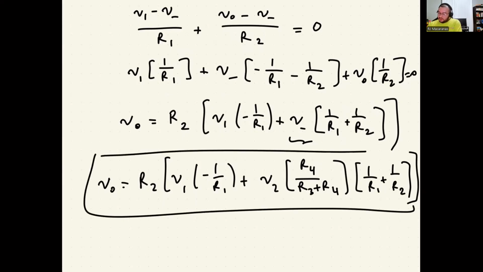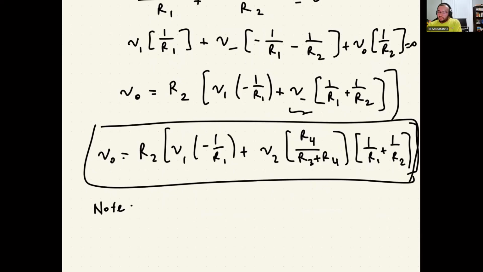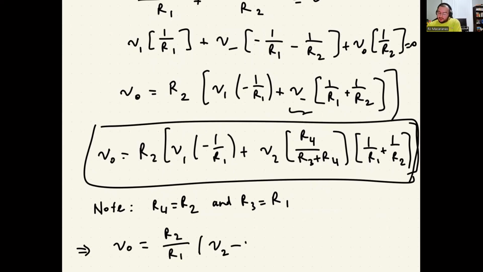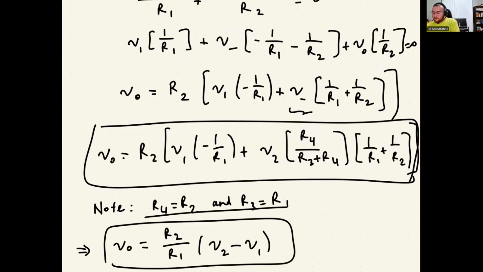And then they make this note that if R4 is equal to R2 and R3 is equal to R1, then the expression reduces to the output voltage is equal to R2 divided by R1 times V2 minus V1. And this is the expression for what's called a differential amplifier.